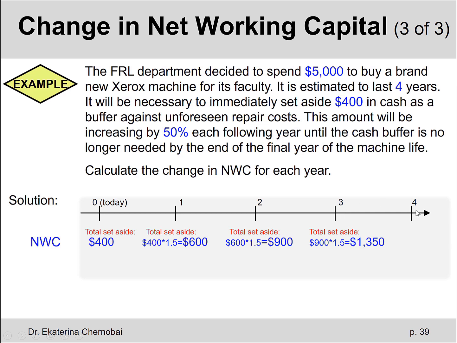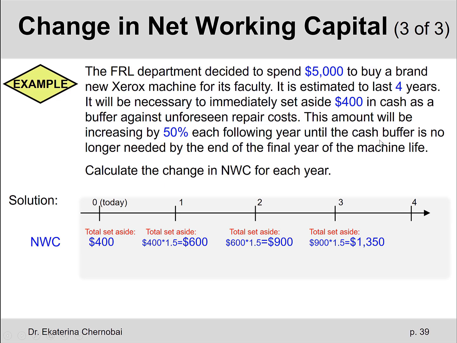And now we are moving to the last year, right? What does the problem say? The cash buffer is no longer needed by the end of the final year of the machine life. The final year is the 4th year.